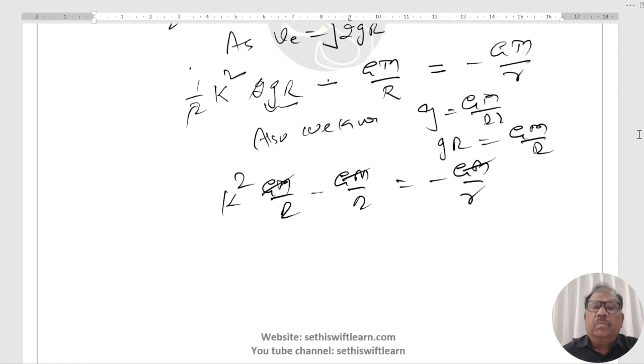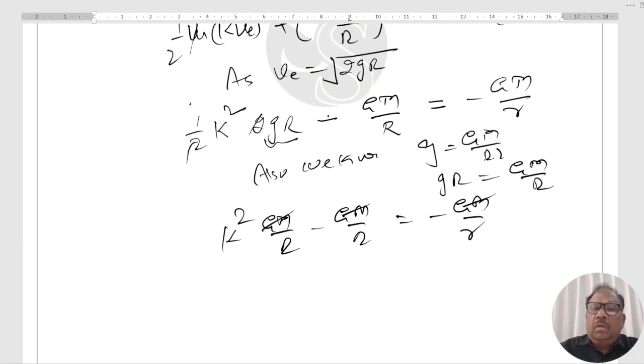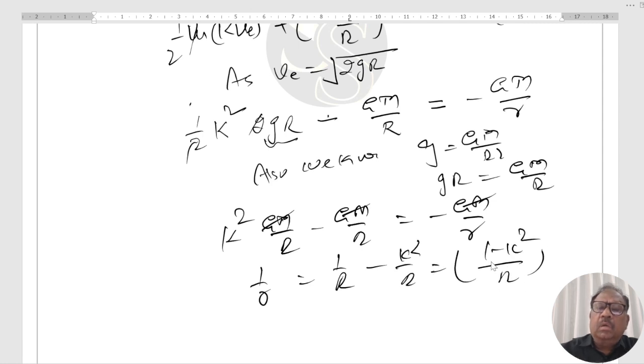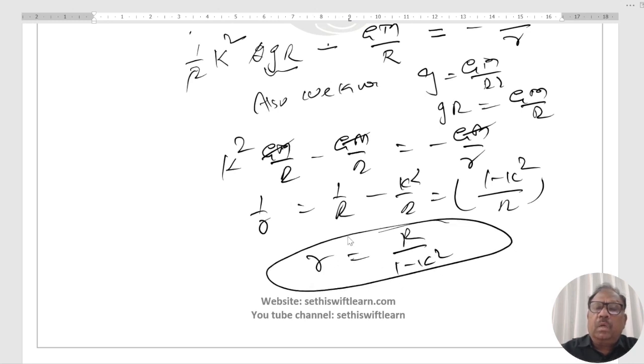Then 1 over r will be equal to, negative sign se multiply kiya, to 1 by R minus k square by R. That is 1 minus k square by R. Therefore, r comes out to be R upon 1 minus k square.